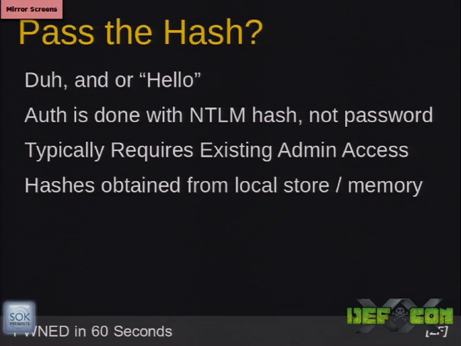This is all covered in various other talks, but just a quick refresher to show the differences. But the thing with this is it typically requires local admin access on the system. You need to have existing access, obviously. You're not starting as a guest in order to access the local memory store or the local password store.